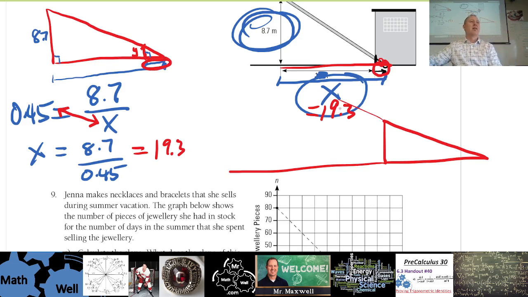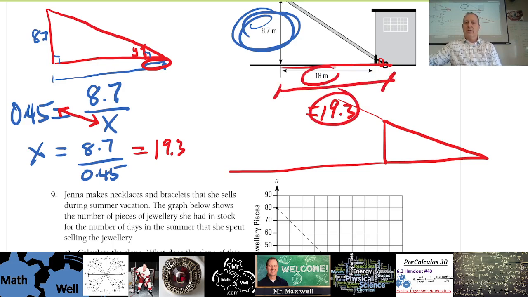Anybody? Yes, thank you. This is 18 to here, and so the whole thing is 19.3 minus 18. So this is 1.3. See that? And I don't know what this little height is. This is what I'm trying to find right here.